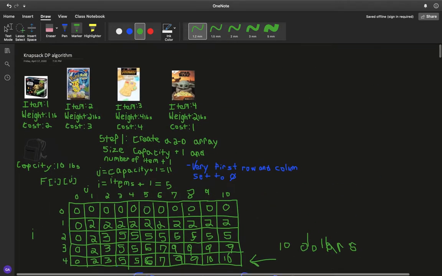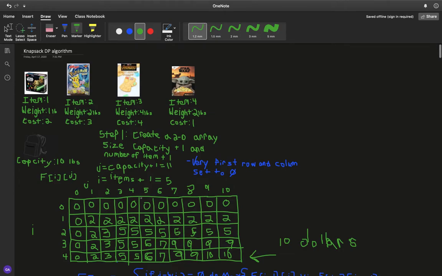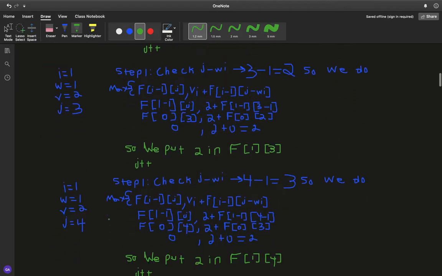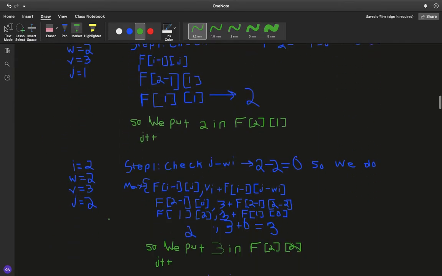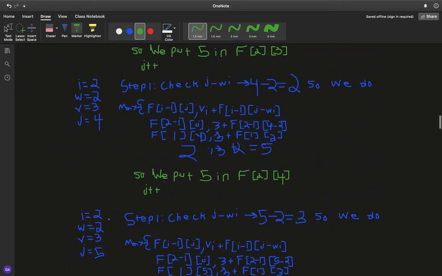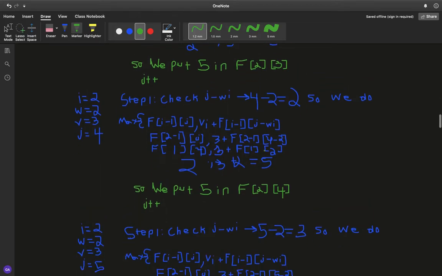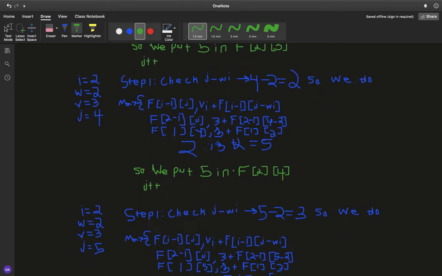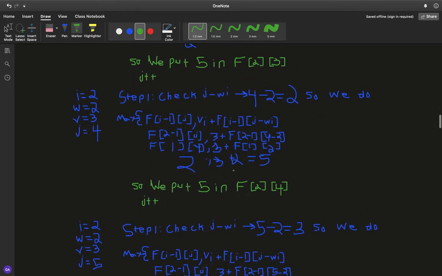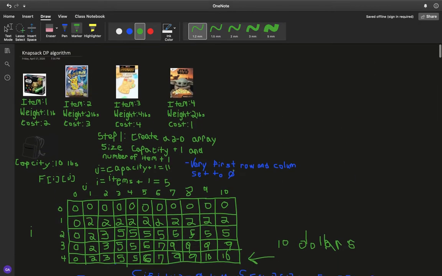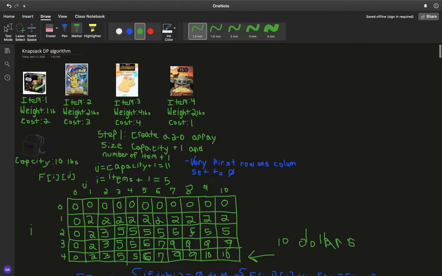We check these. F sub 1 of 4 is 2 and f sub 1 of 2 is 2, so they're both 2. So here we get 2, and then we get 3 plus 2 is 5 again. And so we put 5 in f sub 2 of 4. Then we increment j. You can see f sub 2 of 4 is 5.